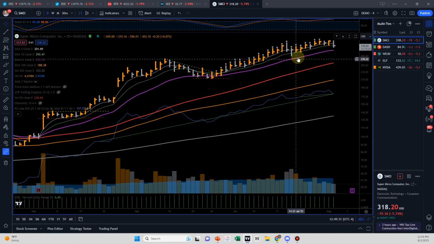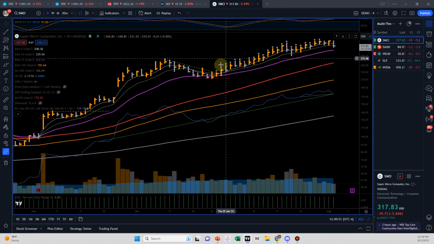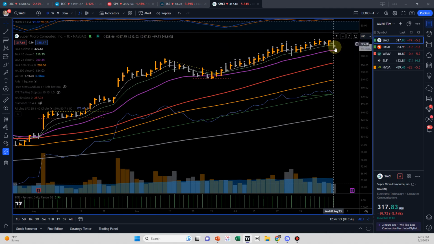If you bought down here and you're somebody that says, I want to ride this thing for a much longer term trend trade, then this has done nothing wrong, right? All it's done is break out and run some more, and it's still holding the 21 period moving average.